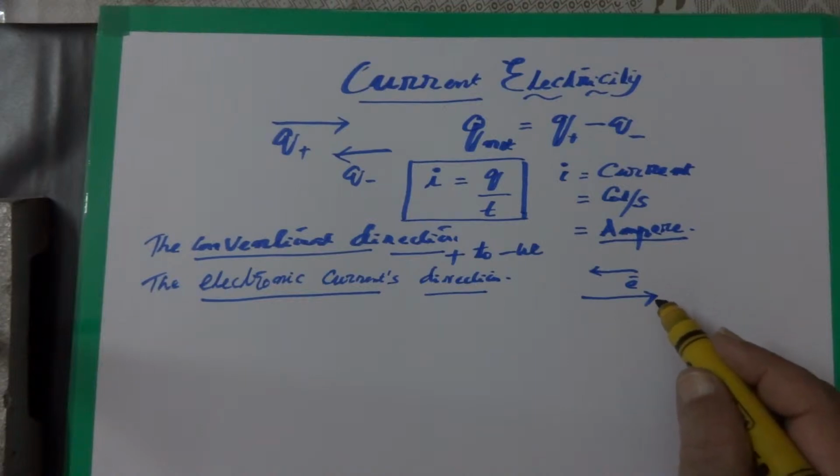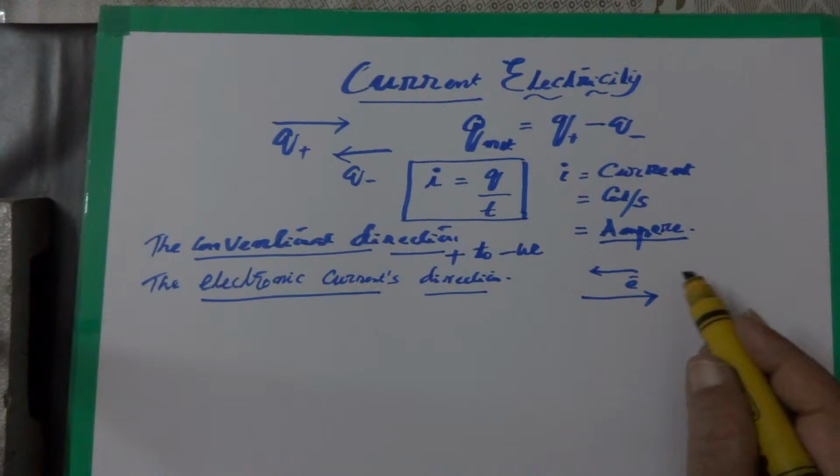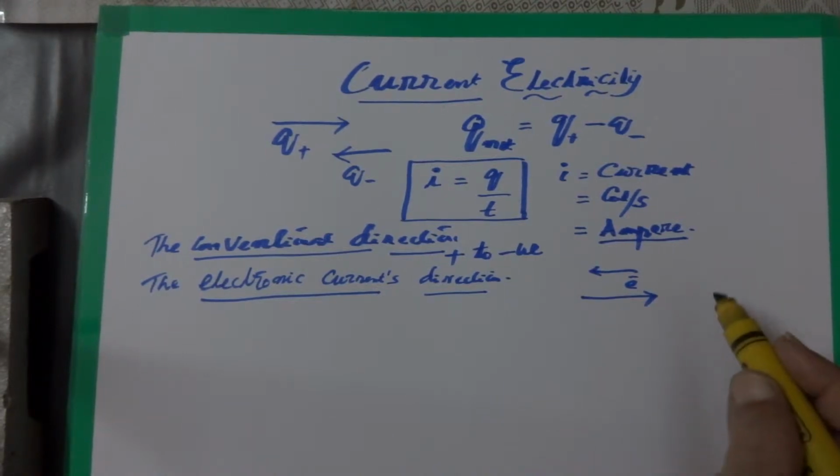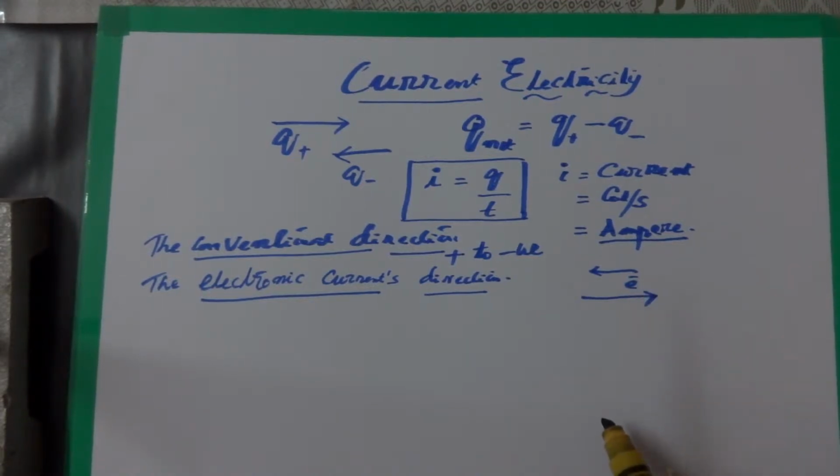Don't think that positive charge means protons will flow in one particular direction, because protons are associated within the nucleus. So the charge transaction is always done through electrons only.